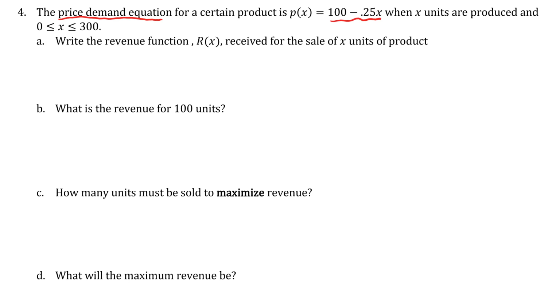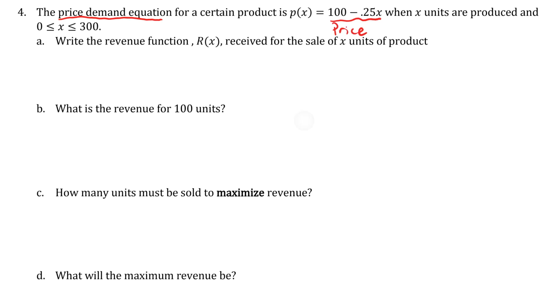And since there's so many of them out there now, the price would go down. So essentially this is just a simple way of saying the more you make, you might have to sell it for a bit less. And this function gives you the price that you're going to be selling it at. So in general, this is the price.